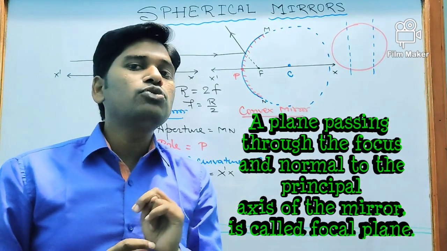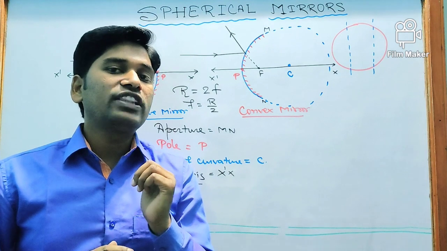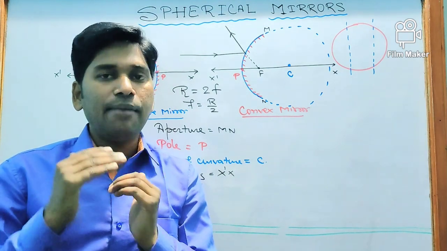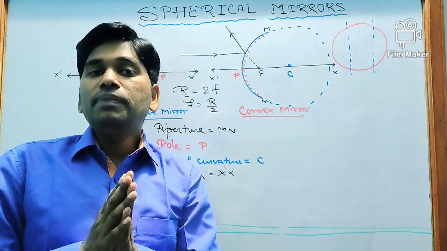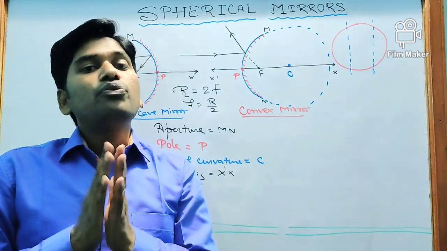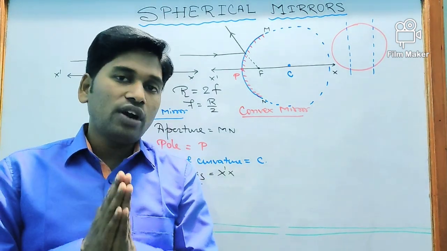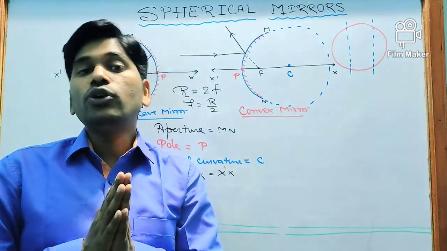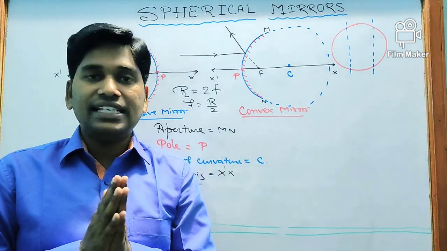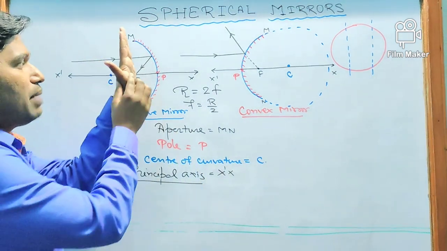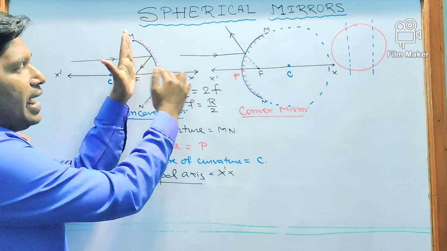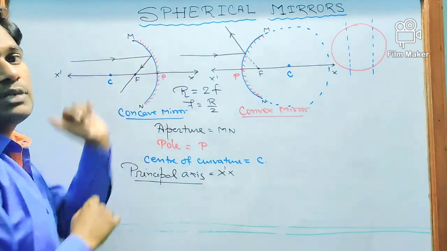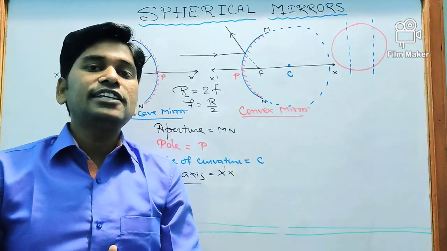So I am defining it now: a focal plane is a plane which is passing through the focus and perpendicular to the principal axis.